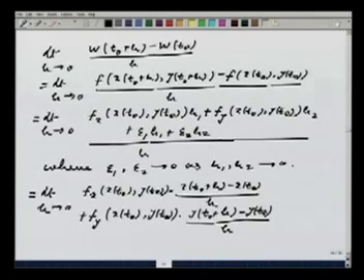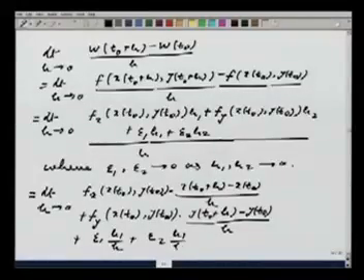This is by using the definition of h1 and h2. Then plus the extra terms, epsilon 1 h1 by h plus epsilon 2 h2 by h.